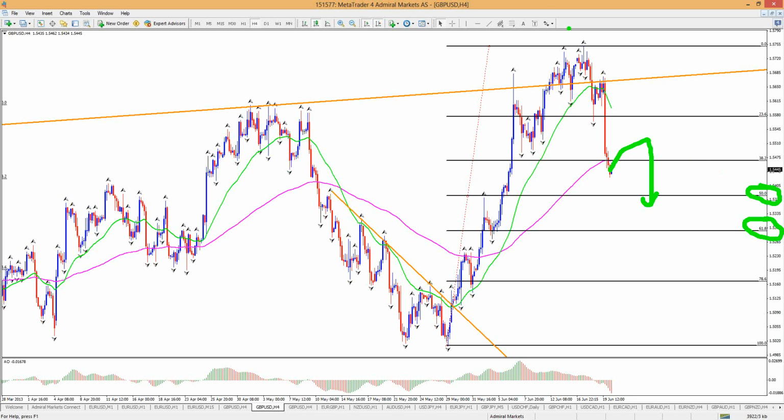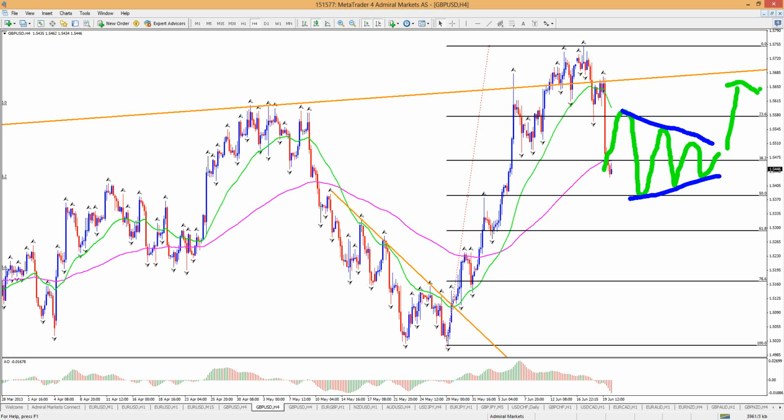I like it. And looking at the impulse, the thing is that we could even start making a wedge here in a way. Something like this is also possible. And then, we could break either way, but my bias would be a break to the upside of a wedge like that. That's also possible.